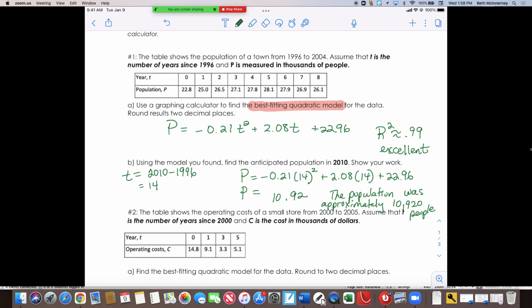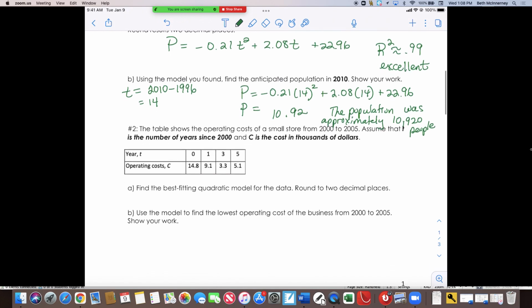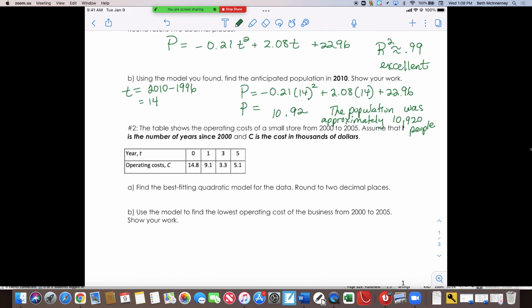All right, let's do it again. Okay, so if I lost you on the first one, we're going to do it again. Number 2 says the table shows the operating costs of a small store from 2000 to 2005. Assume that T is the number of years since 2000 and C is the cost in thousands of dollars.